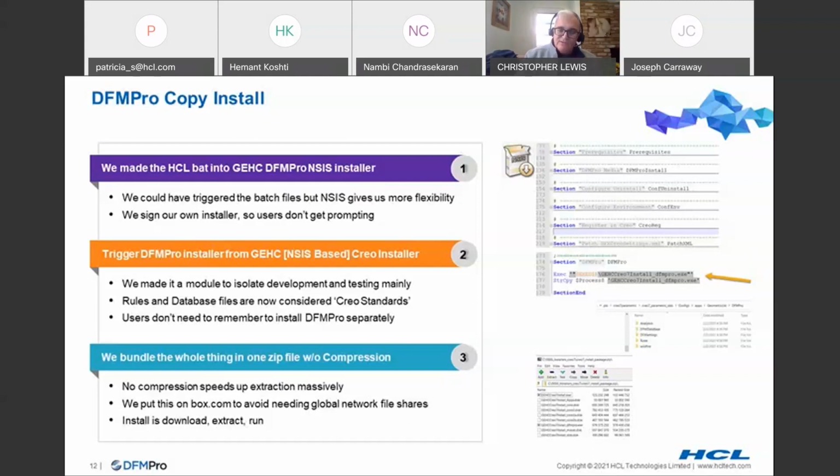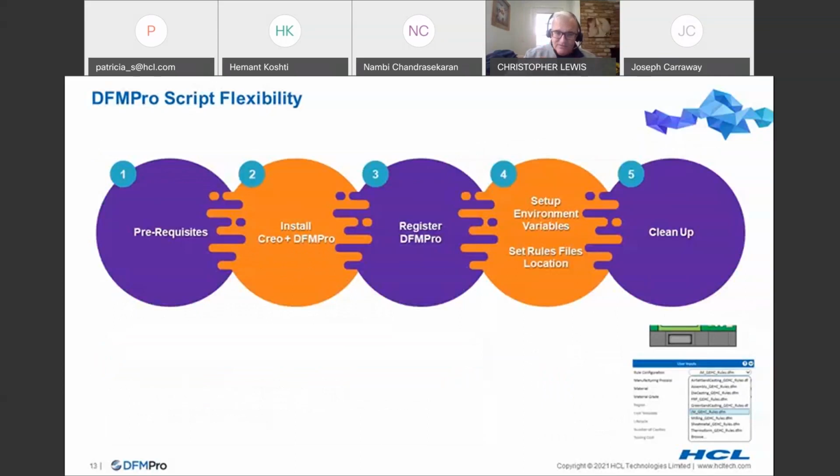So that's our strategy. And the DFMPro side, because obviously that's more interesting to folks, they need to install these prerequisites, so Visual C, .NET libraries. We've never ever had a support case with those, so we let those MSIs run. We have our script just execute those.